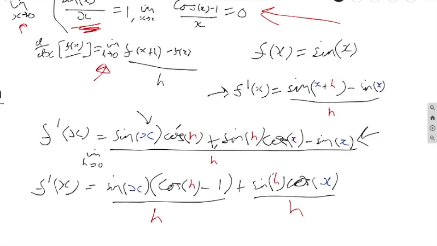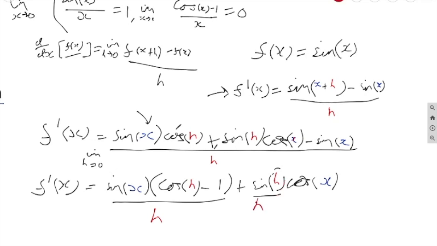And since h is on the bottom here, if we consider our second term for now, this one here on the right, let's get rid of some of these arrows so things are a bit clearer. If we look at our second term, we have a sine h divided by h times something else, times cos x. But for the time being, let's just ignore the cos x because it's a multiple and it's in terms of x, not in terms of h, so it's different to what we're dividing by. So we have a sine h divided by an h.